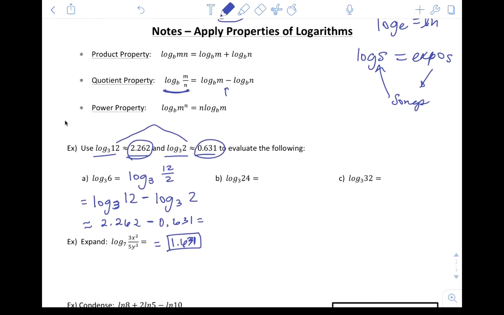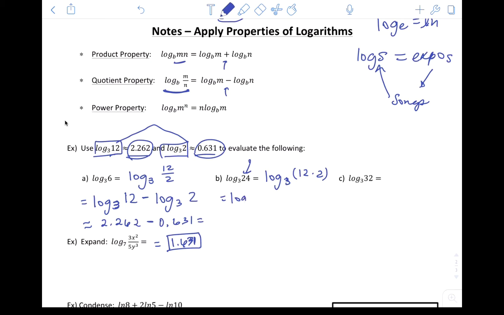Okay, so now what are we going to do to evaluate the one in the middle? Well, how are you going to connect log base 3 of 12 and log base 3 of 2 again, but this time produce 24? All right, I think you probably know where this is going. That's log base 3 of 12 times 2. And when you multiply the variables, you add the exponents, you add the logarithms.